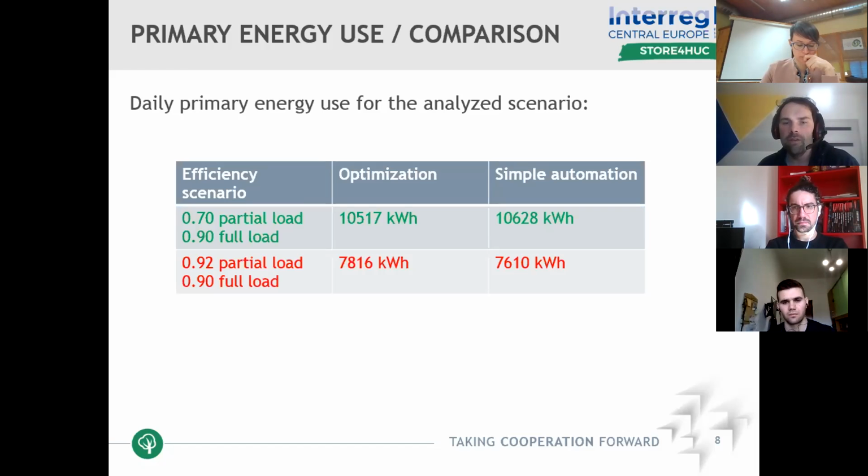And you may even see that for this case, the optimization result is even worse than the simple automation in terms of kilowatt hours engaged. Since these efficiencies here are higher, you may see that of course, the primary energy uses on the biomass side are lower.